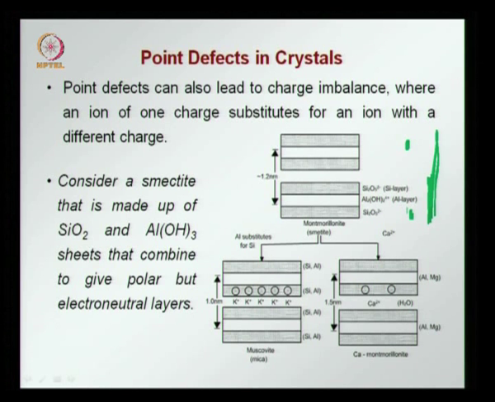Now, suppose we have aluminum substituting for a silicon atom. What happens is now there is a charge imbalance created. So, the smectite could become probably muscovite or montmorillonite, because now we have other cations which are introduced to satisfy the charge imbalance.